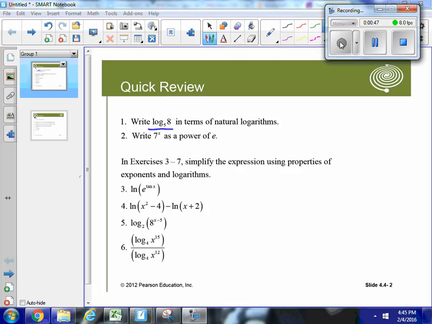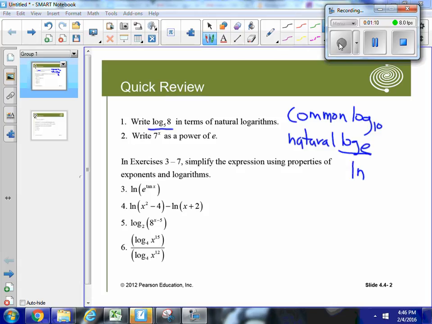One thing we need to remember is that the common log is a log base 10. And the natural log is a log base e. But instead of writing log base e, we write it as ln.